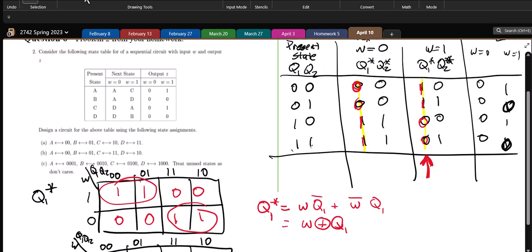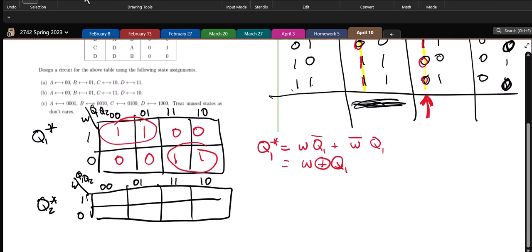So this part of my chart right here was when W was 0. Q2 star is 0 when Q1 is 0, and it's 1 when Q1 is 1. So it has the same pattern as this one up here.